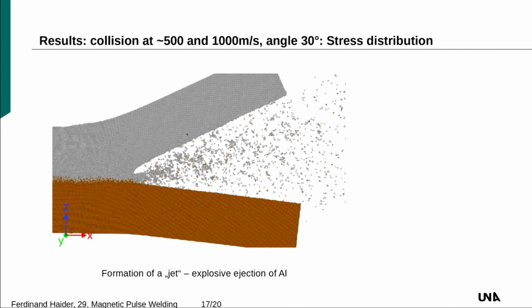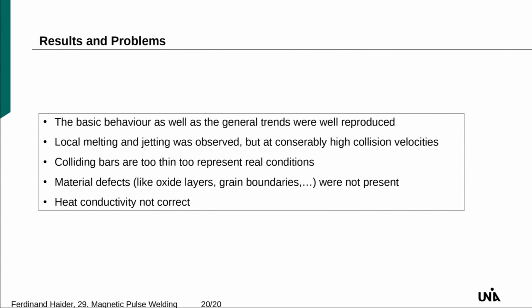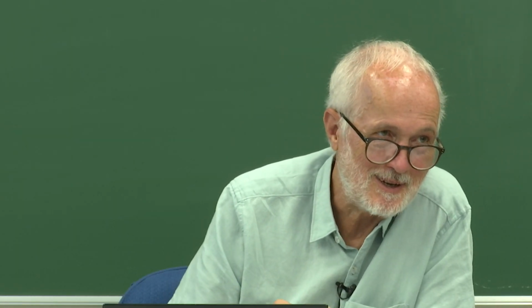In a real material, this collision wave travels through the whole thick bar here and does not reach the interface, at least not as fast as it does here in the simulation. So that's one critical point. Is there a way to put something at that surface to absorb these waves? Right, that's what we discussed, but this was just a master thesis, so there was only limited time.